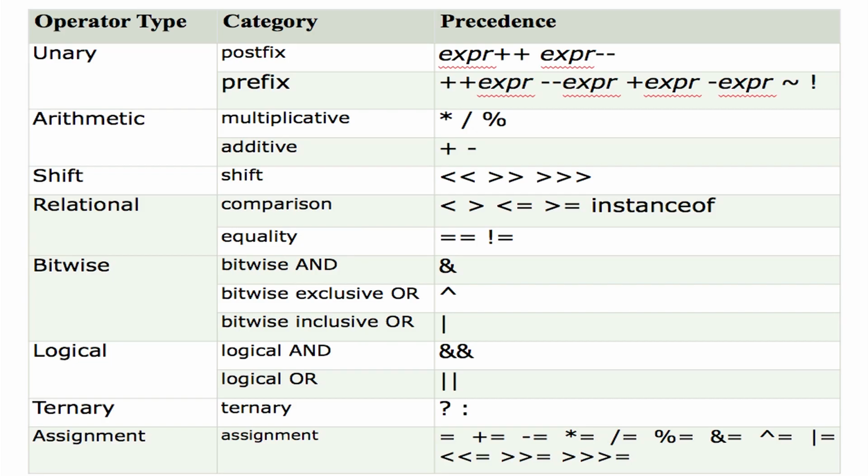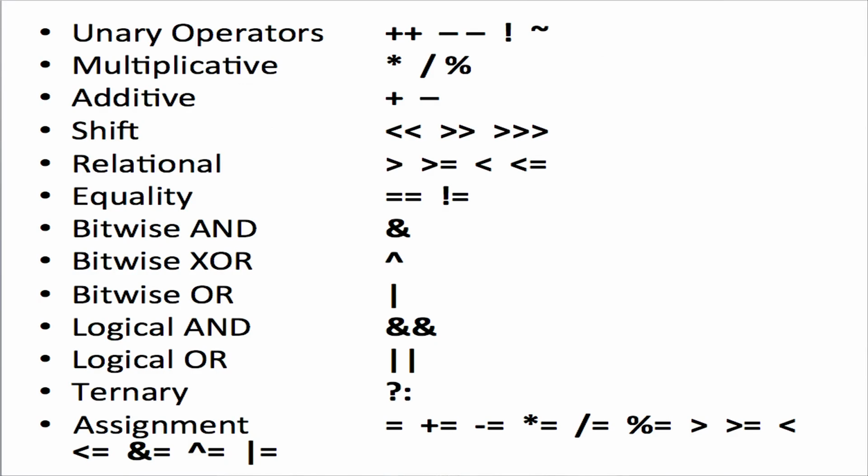Using another table, again you can see here unary operators, their priority is higher: plus, minus, not. Multiplicative operators like multiplication, divide and modulus, their priority is lower than the unary operators. Addition and subtraction come in the third number.